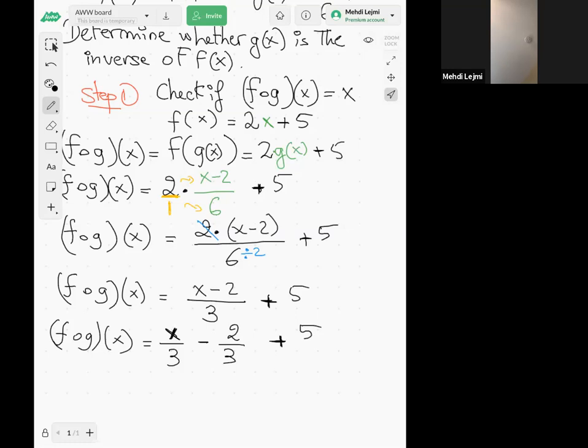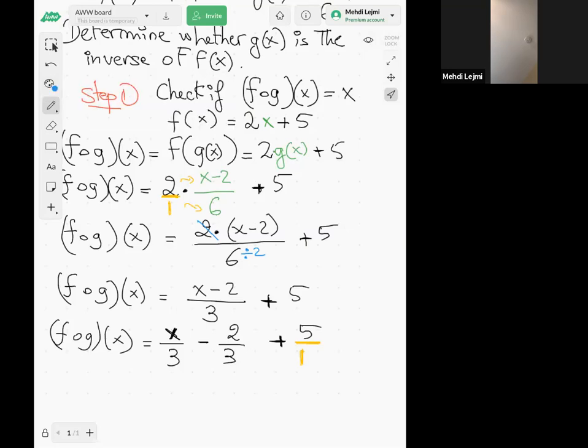So this minus 2/3 plus 5, you can make this 5 a fraction. You can divide by 1, so that's 5 over 1. So minus 2/3 plus 5 over 1. Then you're going to need the common denominator.